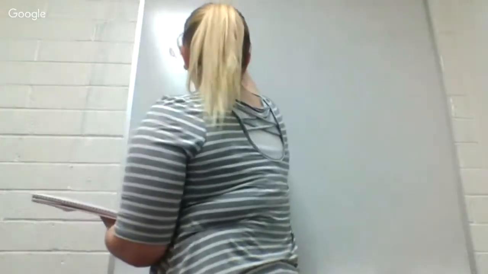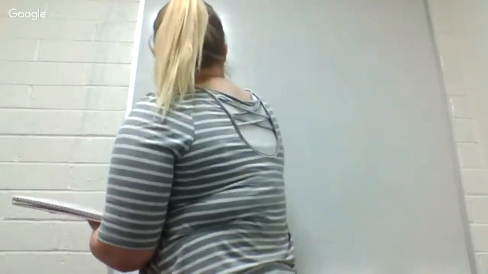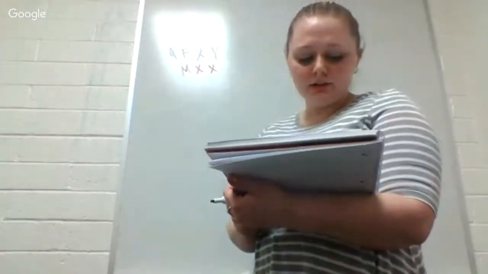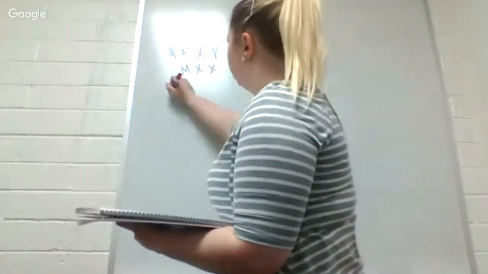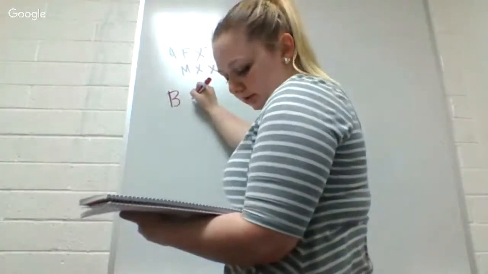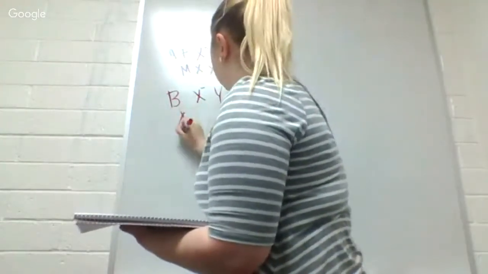Her father is going to be X-minus Y, and her mother is going to be XX with no minuses. For part B, if the woman has a child with a man who does not have OTD, what is the chance that their first child will be a son with OTD? What I did is I made a cross with them: X-minus Y and then XX.